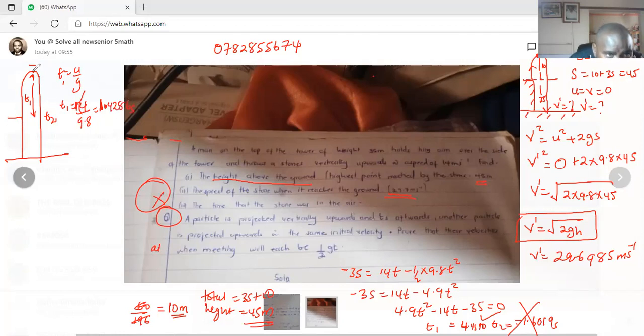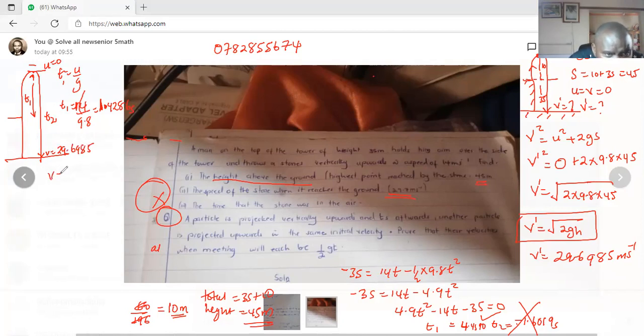Now, the second time, initial velocity is 0 because you're coming down. Because when a particle goes to maximum height, it stops, then it drops. So whenever they go up there, they come from a 0 velocity. But down here, we had seen its final velocity was 29.6985. Okay?